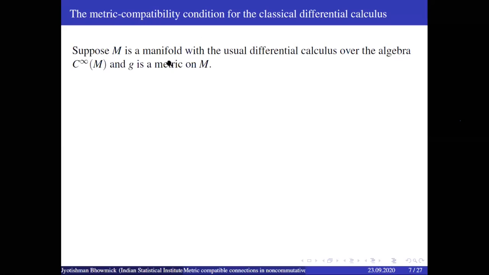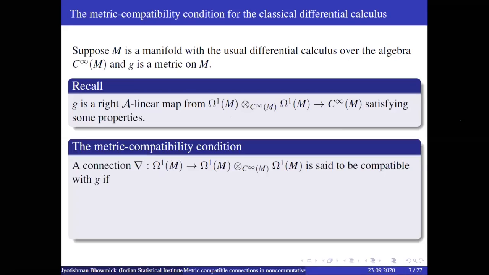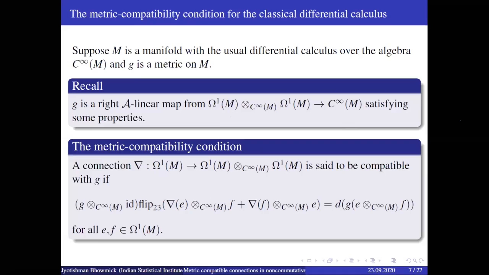So I have a manifold M and the usual differential calculus, and I have fixed a metric G. Recall that it's a right A-linear map from here to here. So I will fix a connection and then say when that connection is compatible with the metric G. Suppose I am given this connection, so I say that this nabla is compatible with G if this happens.